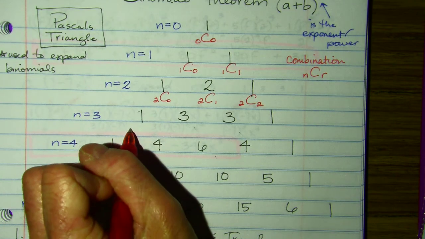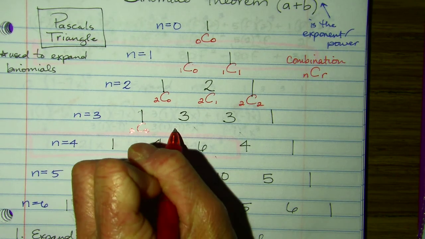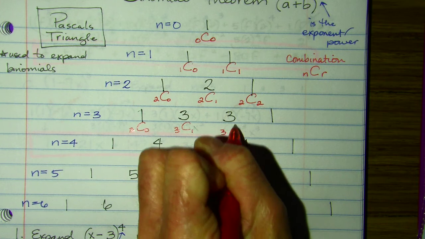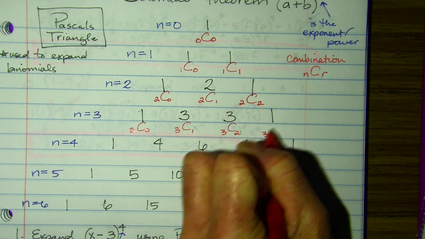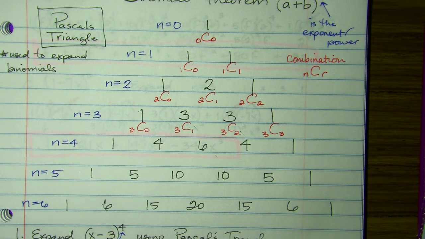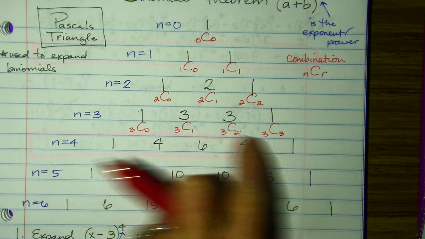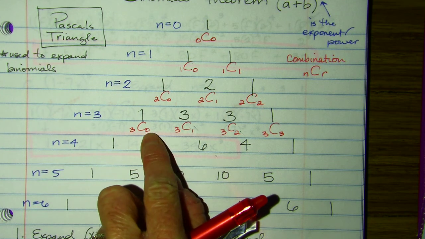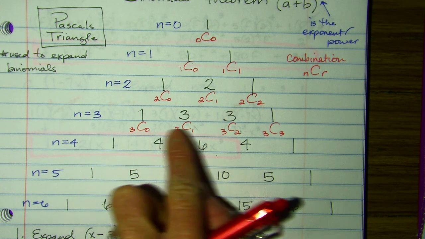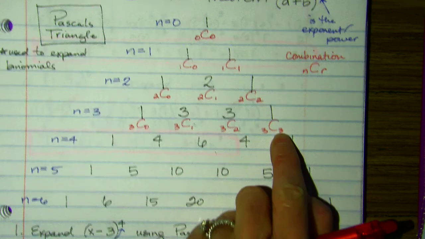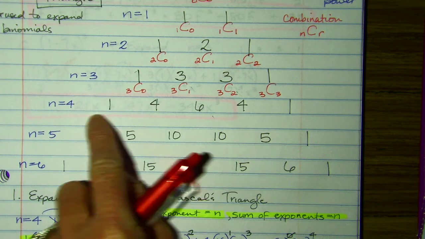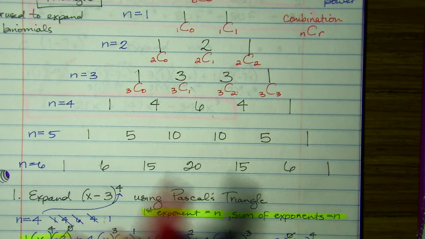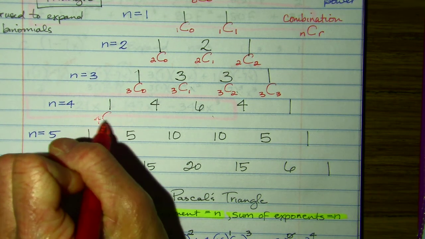So this next row would be 3C0, 3C1, 3C2, 3C3. Now I want you to notice that every single combination started with our value for N, and the second number always begins with 0 and counts up. So 0, 1, 2, 3. You can pause the video and try to fill in the next row, beginning with 4C.